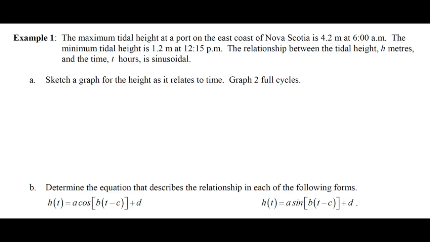Here, the maximum tidal height at a port on the east coast of Nova Scotia is 4.2 meters at 6 a.m. Minimum height is 1.2 meters at 12:15 p.m. The relationship between tidal heights and the time in hours is sinusoidal. Sketch a graph for height as it relates to time. Graph 2 full cycles.